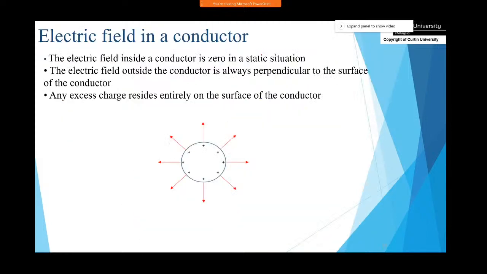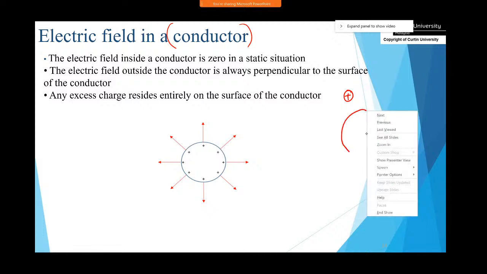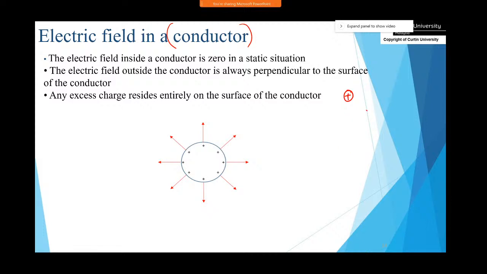So now move on to the electric field in a conductor. So a point charge is just a particle, right? So a conductor, it will be something bigger with a lot of particle inside.